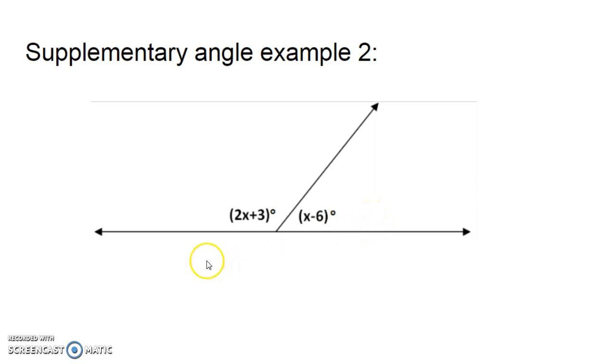That is how you would set this up. And you would solve for x. Once you solve for x, you need to plug that in here, and then you'll get your degree for your angle.